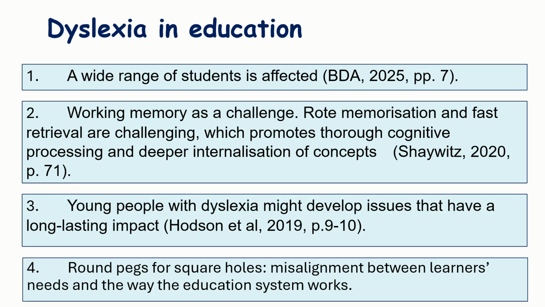dyslexic students. They must understand concepts at a fundamental level, which in turn promotes more thorough cognitive processing and deeper conceptual internalization. Although there are strengths associated with thinking differently, the absence of appropriate support can have lasting consequences. Dyslexic young people and their parents report higher rates of mental health difficulties, including anxiety and distress.